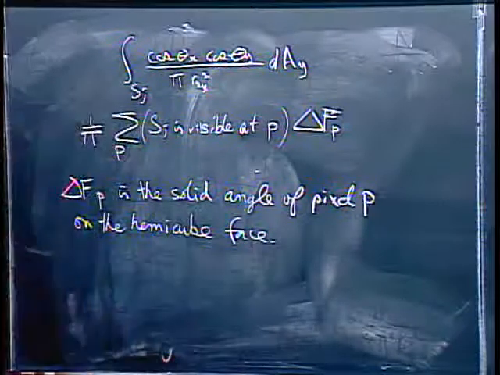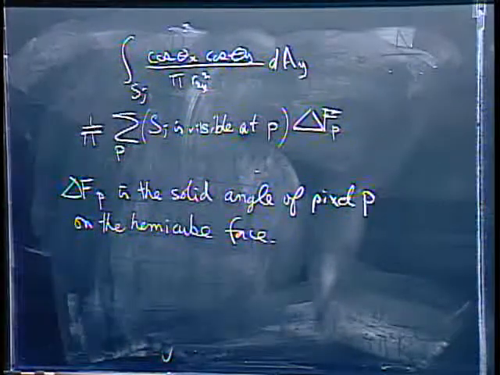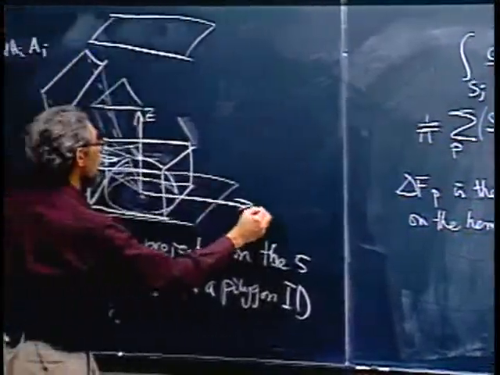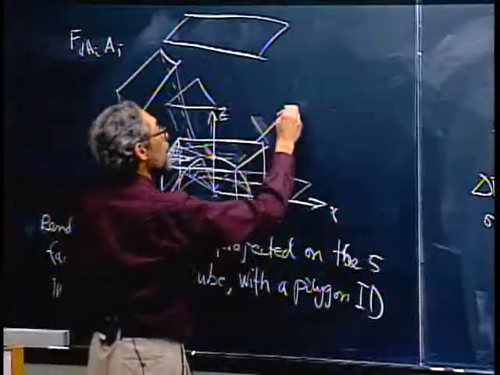There are different formulas for this solid angle depending on which face you're talking about. Suppose we make Z be vertical, X be this way, and Y be that way.